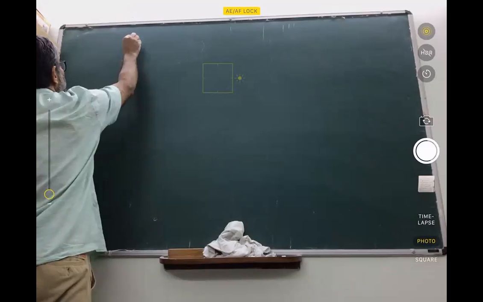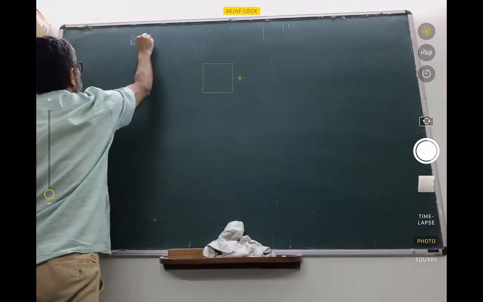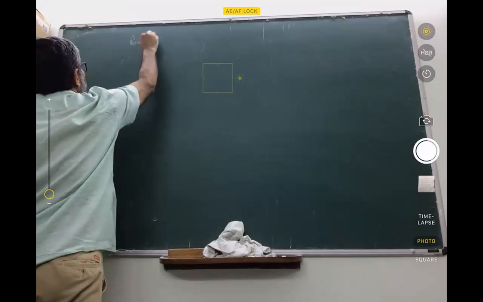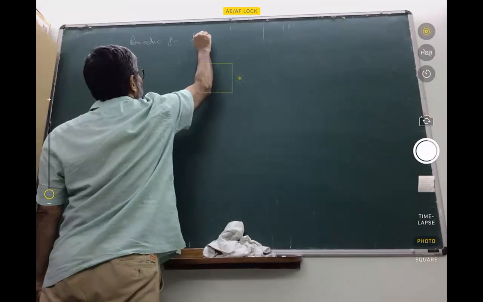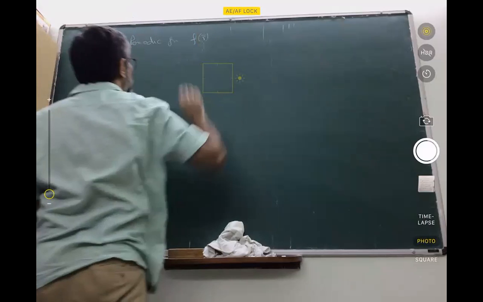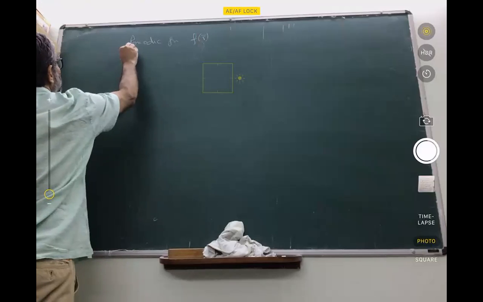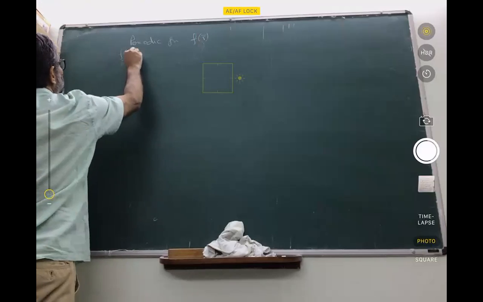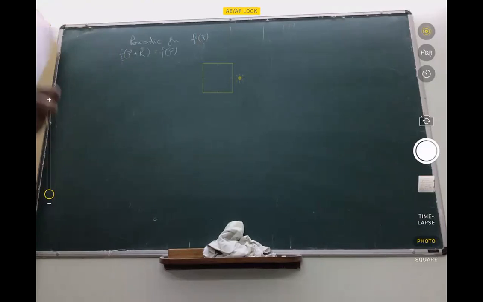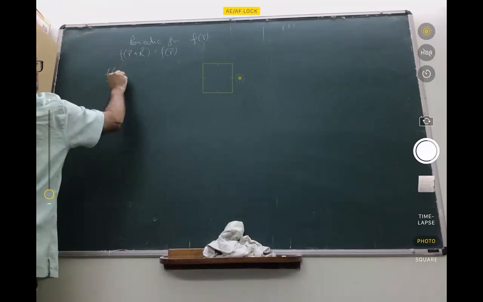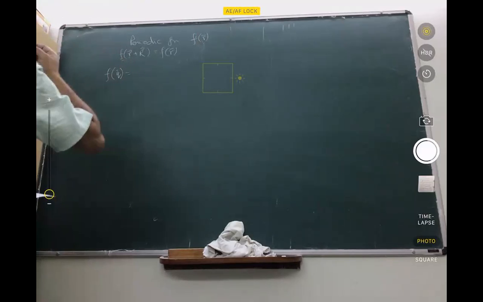So I have a periodic function of r, and I want its Fourier transform, which I define as follows.